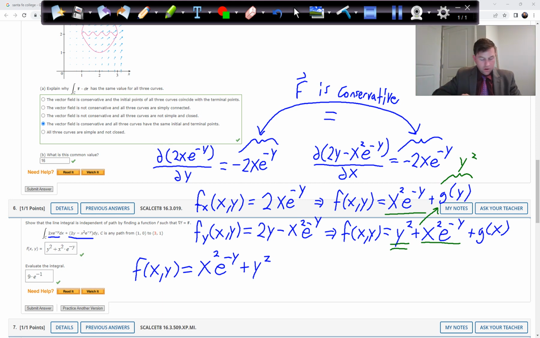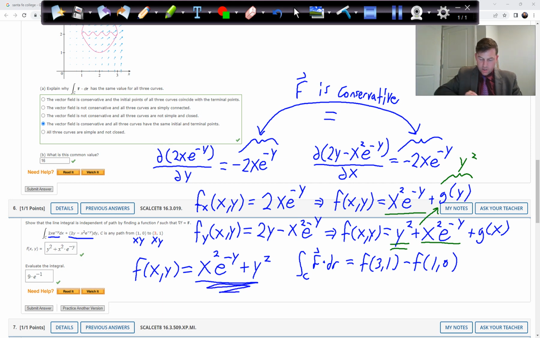Okay, so now we're going to plug in these 2 points. So I have x and y, and x and y, and order matters, so we're going to do the line integral of F dot dr. In this case should be f of the terminal point, 3, 1, minus f of the initial point, 1, 0, and we're plugging those x and y values into this function here.